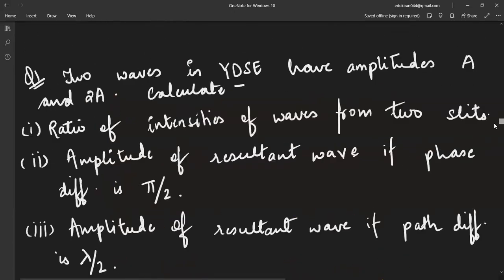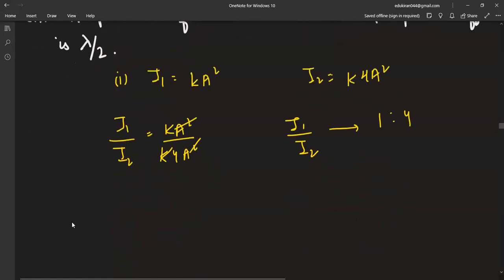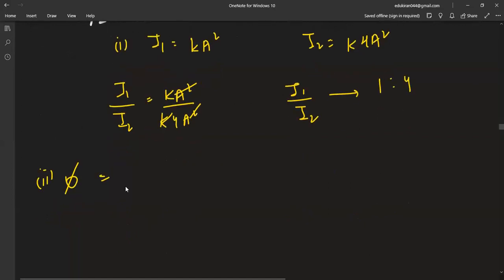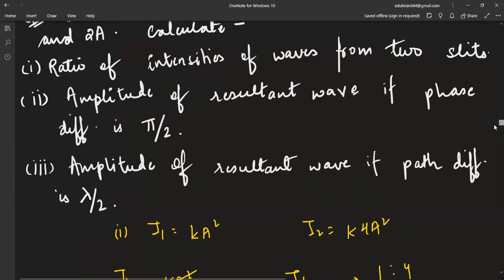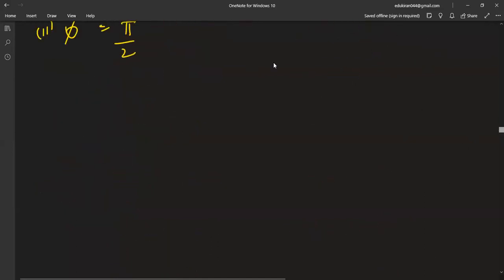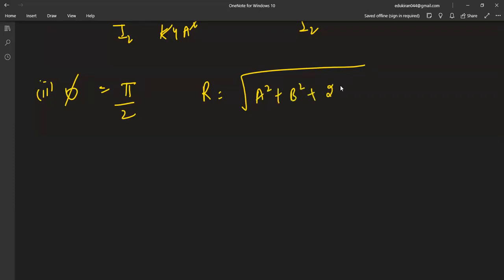Second part says amplitude of resultant wave if phase difference is pi by 2. See, R is equal to under root A square plus B square plus 2AB cos phi.